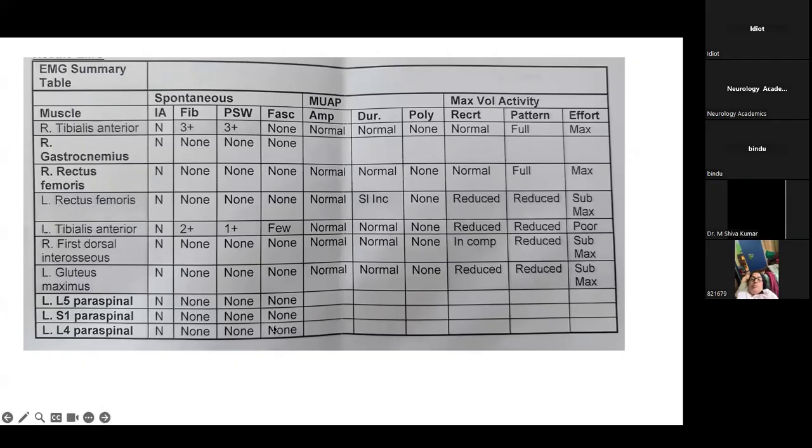Paraspinal muscles are normal. So there is involvement of the femoral nerve, with denervation and reinnervation present bilaterally without paraspinal muscle involvement. Gluteus maximus is also reduced on the left, along with left rectus femoris.